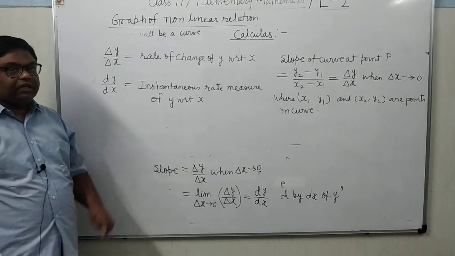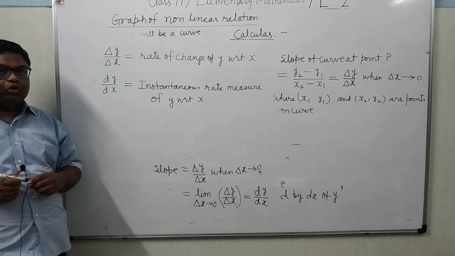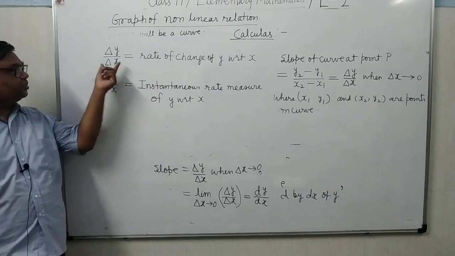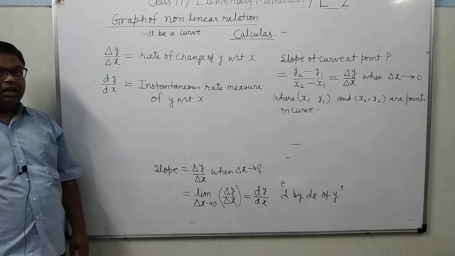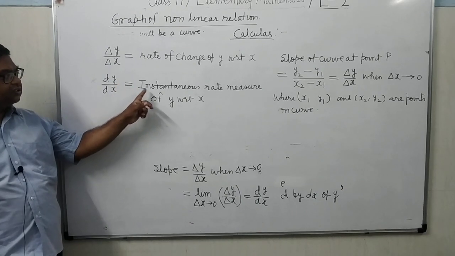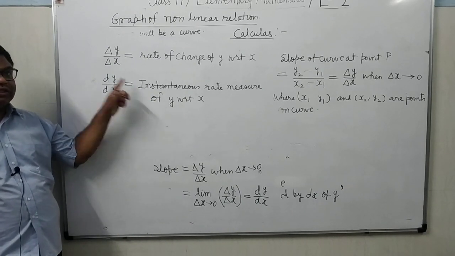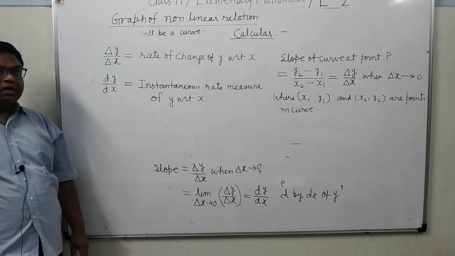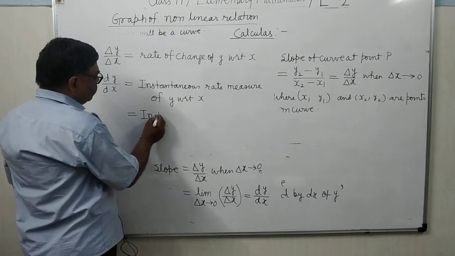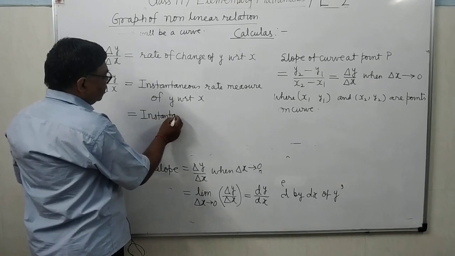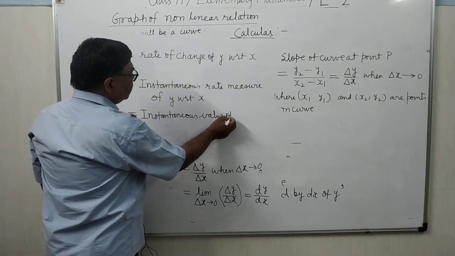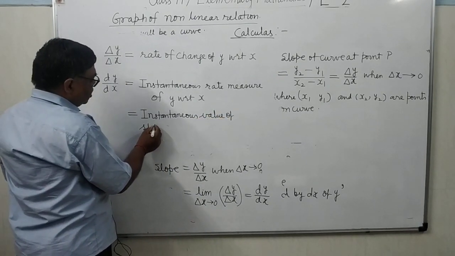It is very beneficial in those cases where the variation is of non-uniform nature, where the slope is varying continuously. So at any particular point, what will be the instantaneous rate measure of y with respect to x? That can be calculated by d by dx of y. We can also call it the instantaneous value of slope at a point.